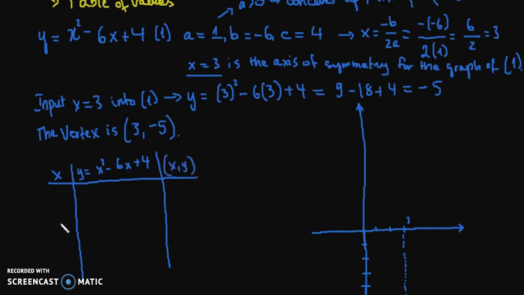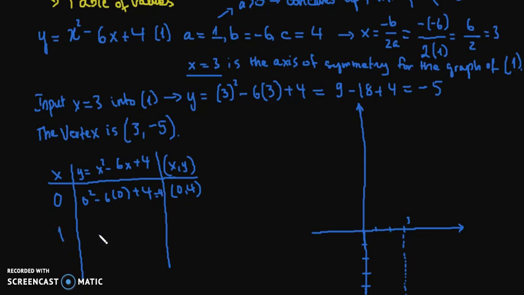Let's choose x equal to 0. So I have y equal to 0 squared minus 6 times 0 plus 4, which equals 4. So I have one pair of coordinates, (0, 4).